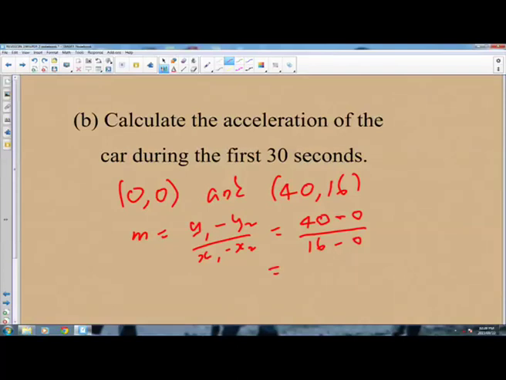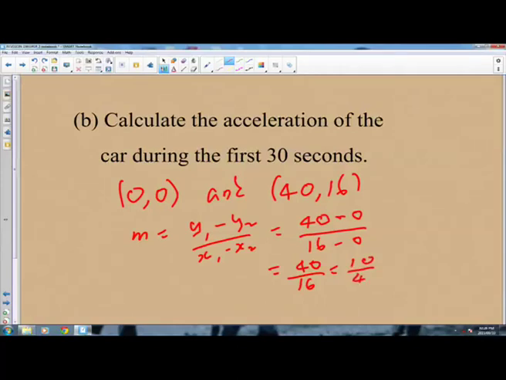And then 40 minus 0 is 40, divided by 16 minus 0, which is 16. And then we can divide by 4.